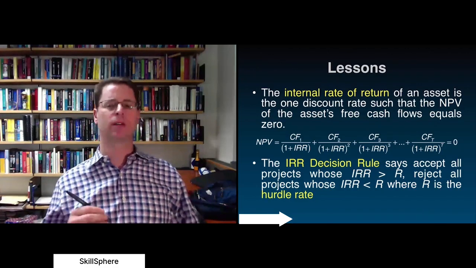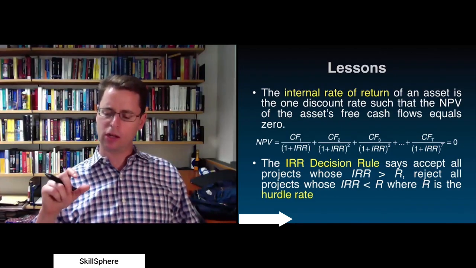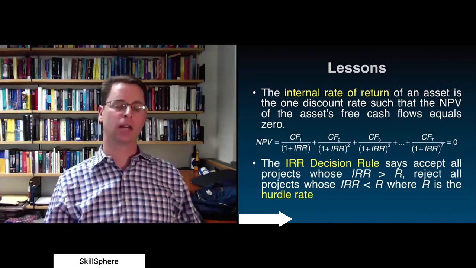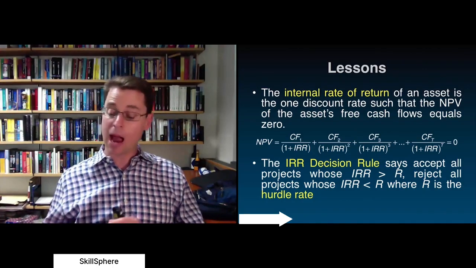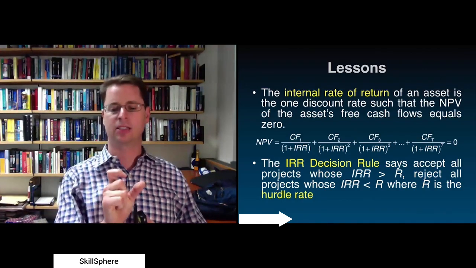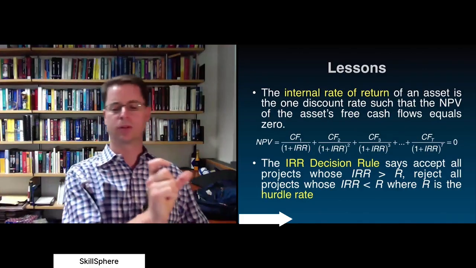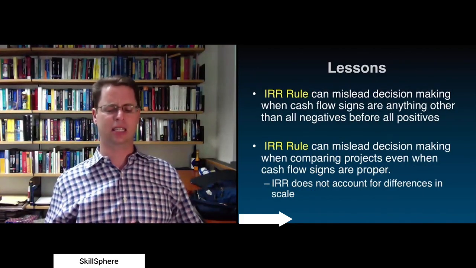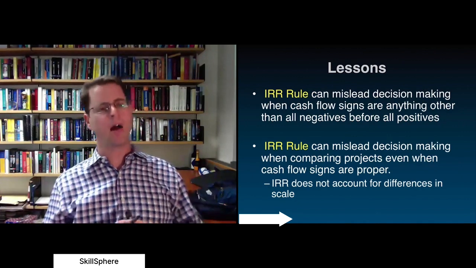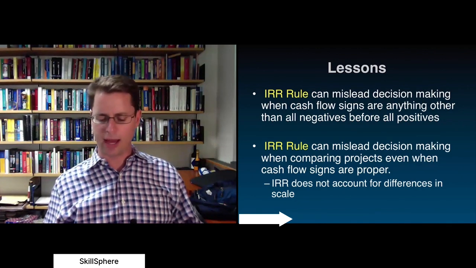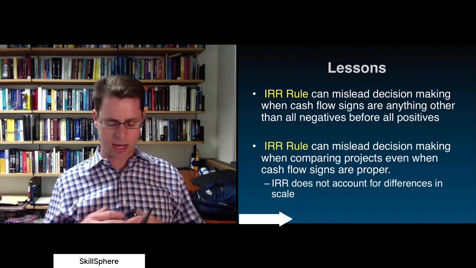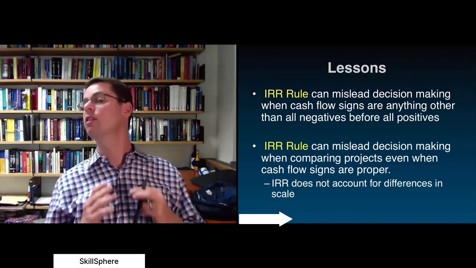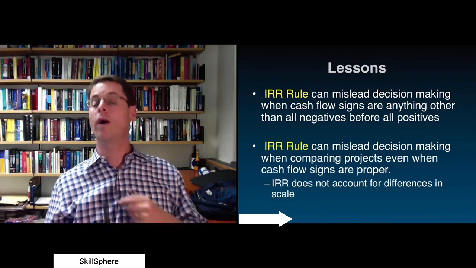The problem with the IRR decision rule is that it only works or overlaps with NPV in certain situations: when we're not comparing projects and when the cash flow signs are all negative cash flows preceding all positive cash flows. So I think the end message here is that you should use IRR in your project evaluation and your investment analysis, your capital budgeting. But be cognizant of the limitation. Know when to use it, know when not to use it.